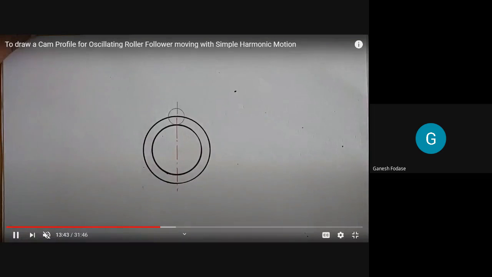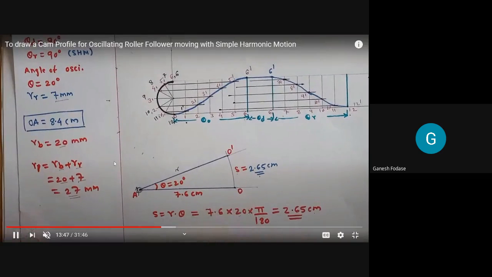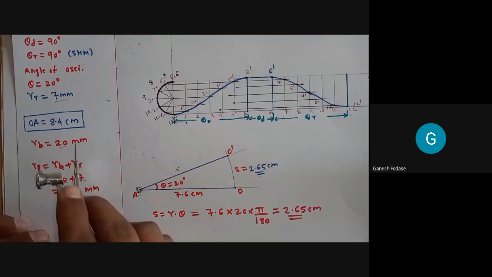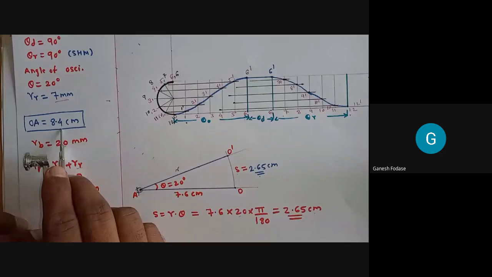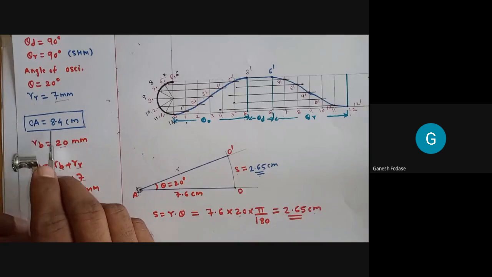Now next, as it is an oscillating follower, here we need to take this length. By mistake they have written 8.4. Here it is 7.6 centimeter that is given. That distance we have to take. So this is the fulcrum point.